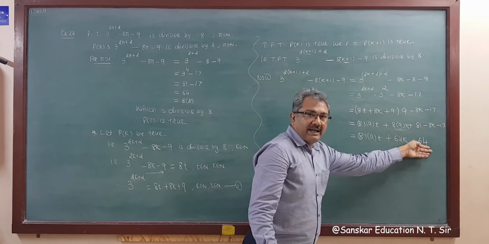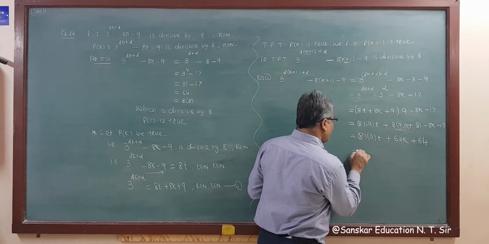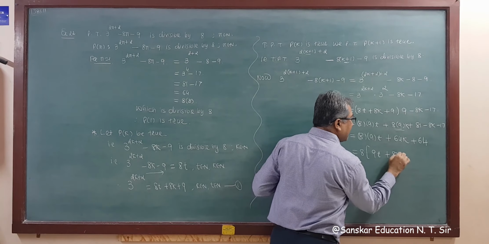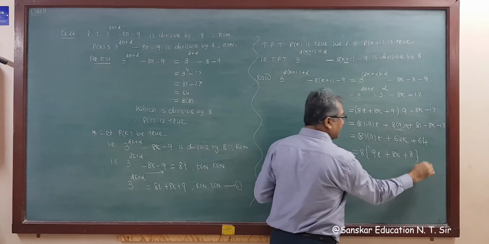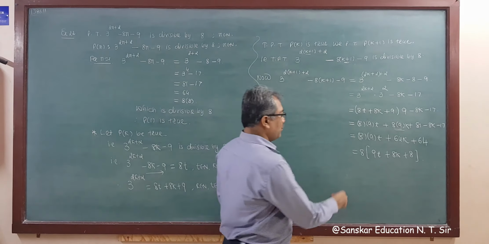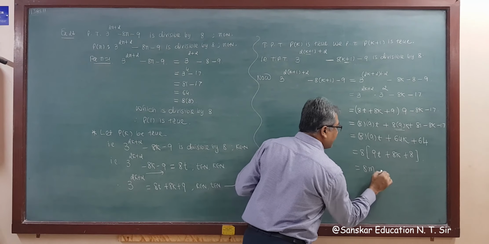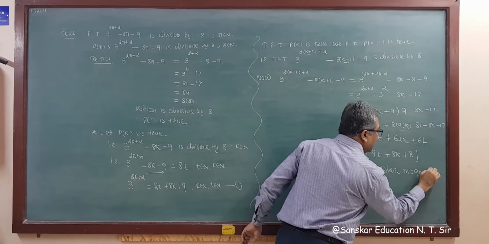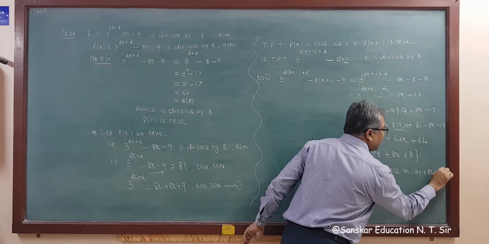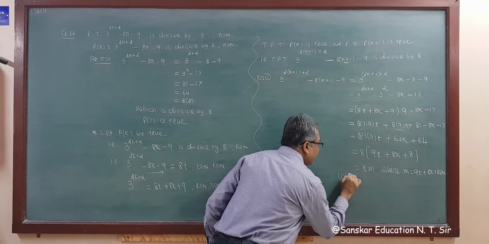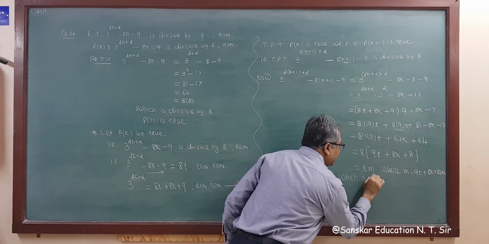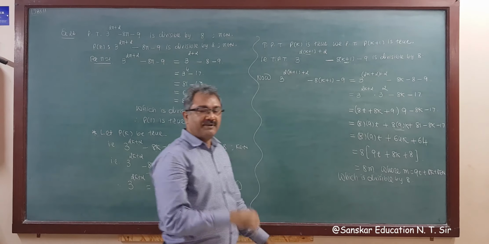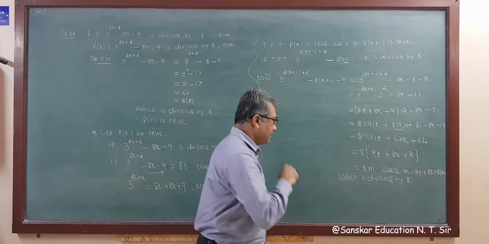Now see here, 8 is common from all terms, so take 8 common. So 8, this is 9 into t plus 8k plus 8. So this is 8 into m, where m is equal to 9t plus 8k plus 8, which belongs to N, which is divisible by 8, right?